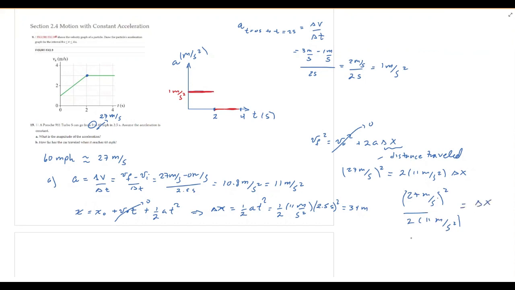This is delta x. So my delta x will be, if now I find 27 squared, and I divide that by 22, sorry. This is 33 point something.